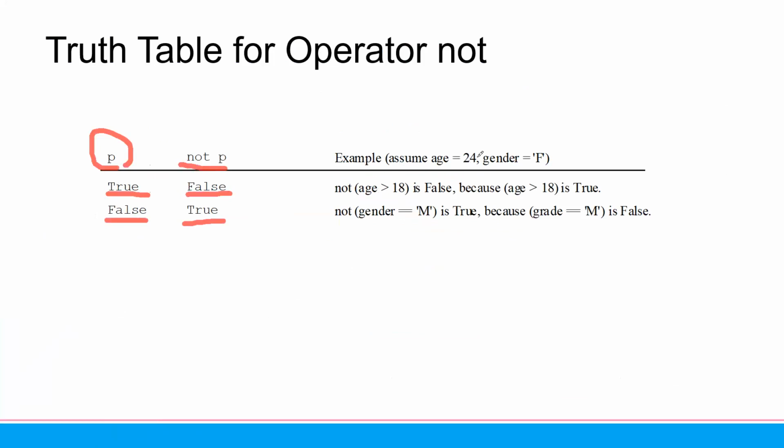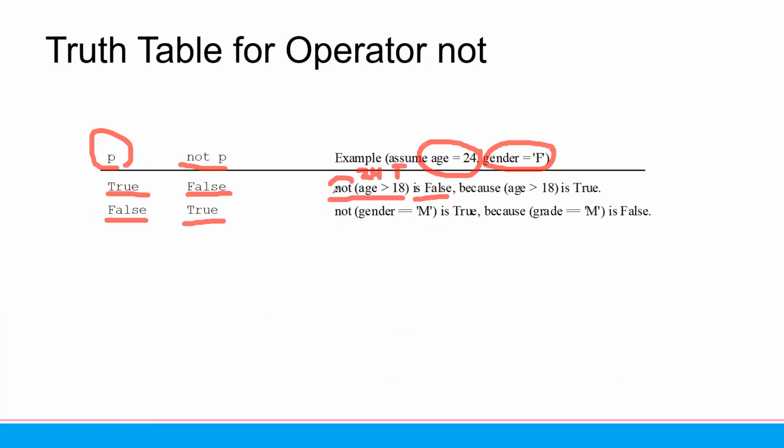So let's assume I have the age equals 24 and I have the gender equals F. If I put not age higher than 18, then the result is false. Okay. 24 is higher than 18. Yes, it is true.